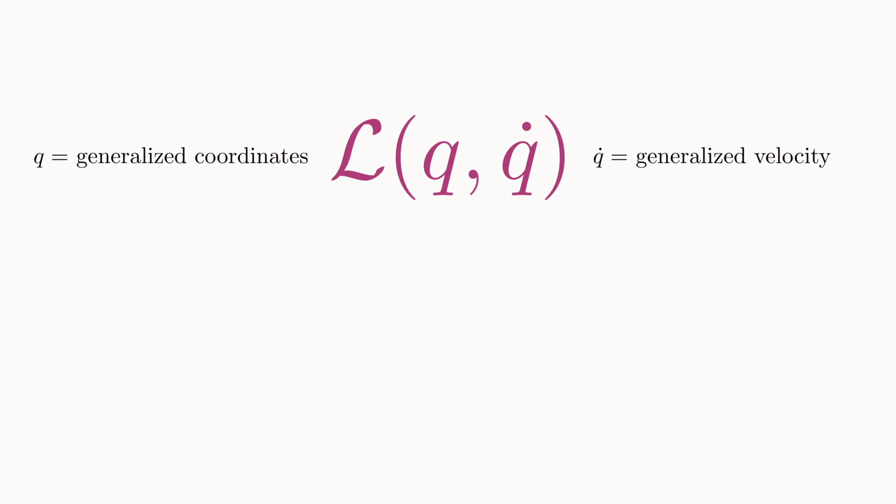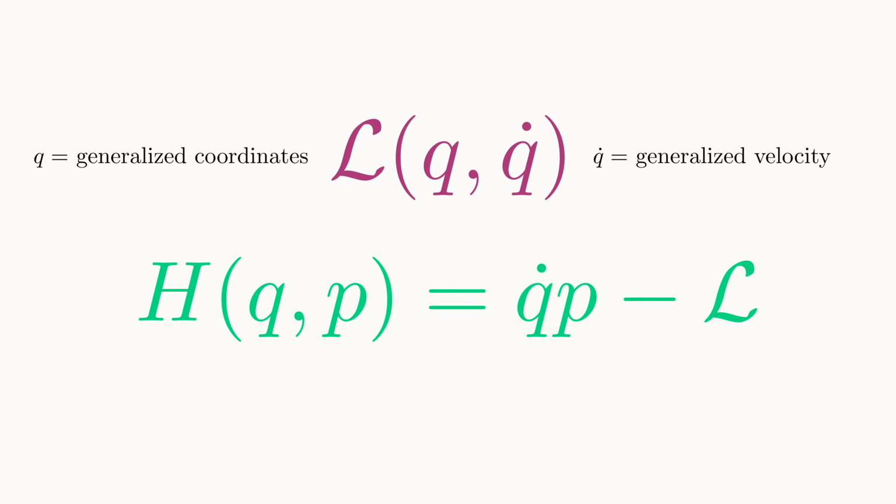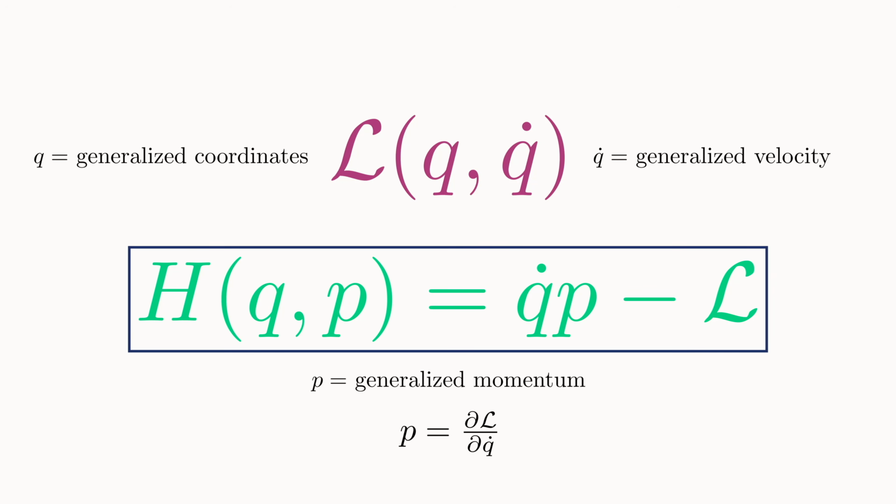The starting point for Hamiltonian mechanics is a function called the Hamiltonian, which is defined by subtracting L from p times q dot, where p is the so-called generalized momentum, defined as a partial derivative of L. And again, this is just a Legendre transform.